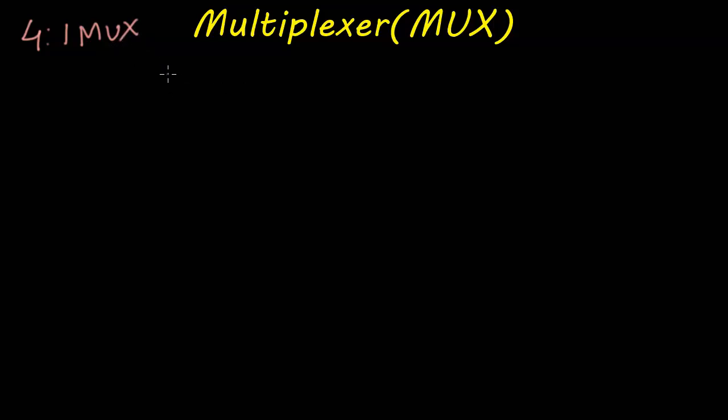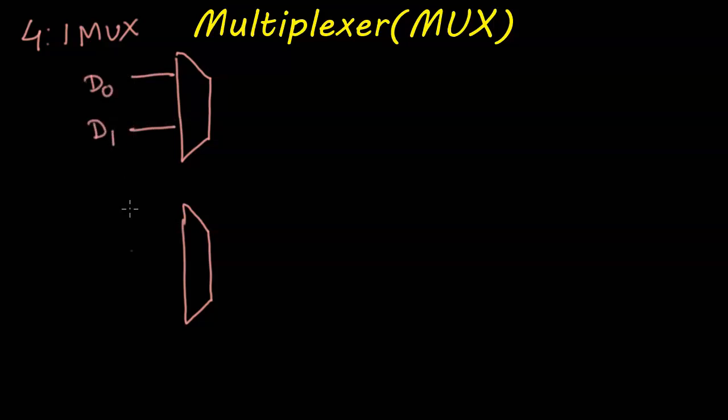So let's draw a 2:1 MUX. We have the very first 2:1 MUX and another 2:1 MUX. They're going to have their respective 2 inputs, D0, D1, and we have 2 more inputs remaining because it's a 4:1 MUX. So we have D2 and D3.